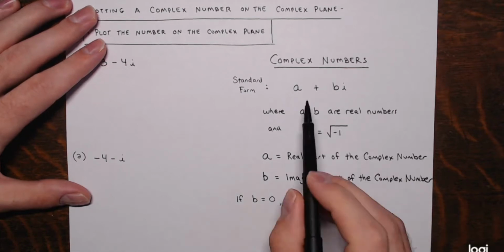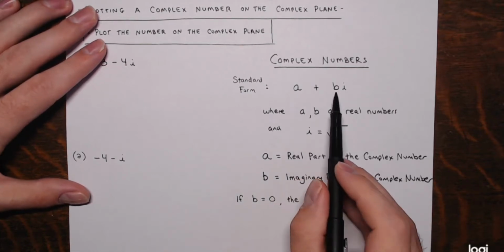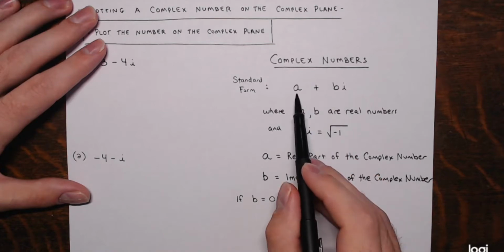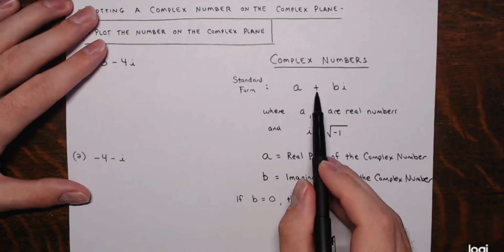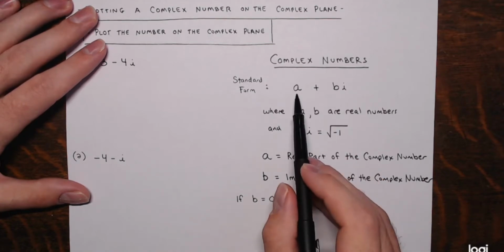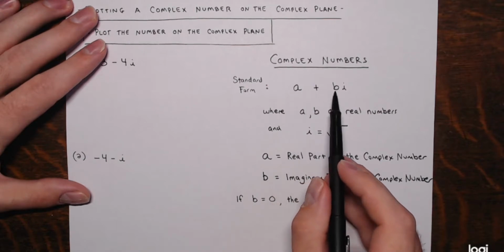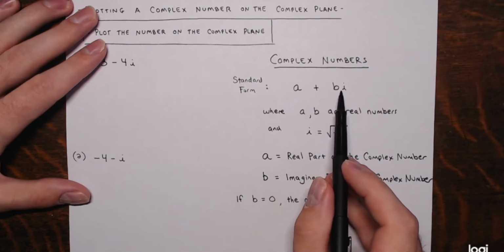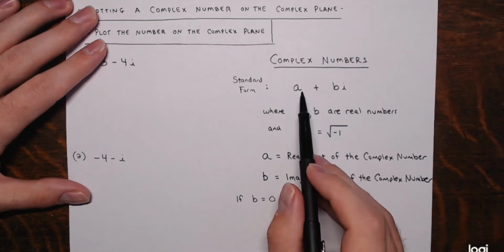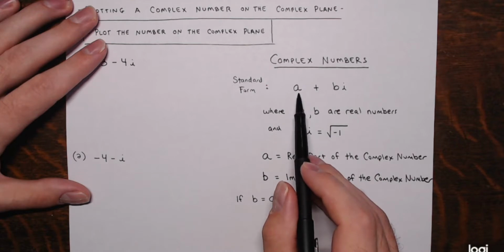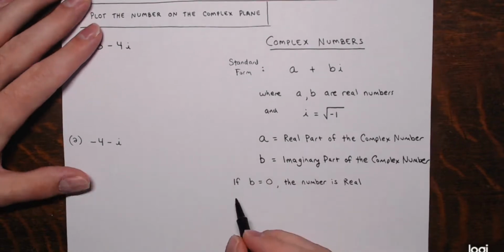For example, 3 plus 0i would just be 3. 5 plus 0i would just be 5, because it's just like adding 0 to something. It doesn't actually change the value. So a plus 0i would just be the real number a.